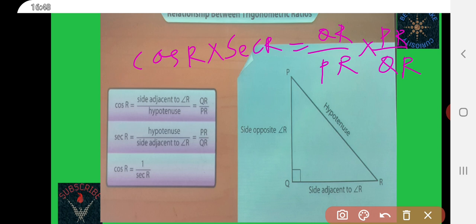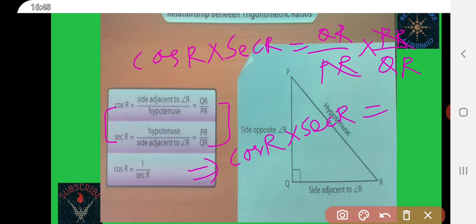You multiply left side and right side, then you get 1.